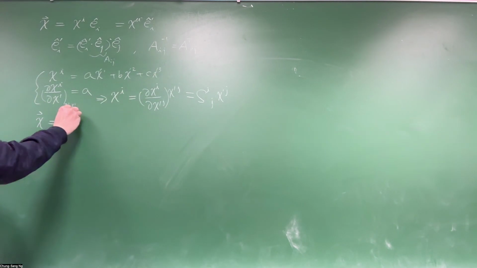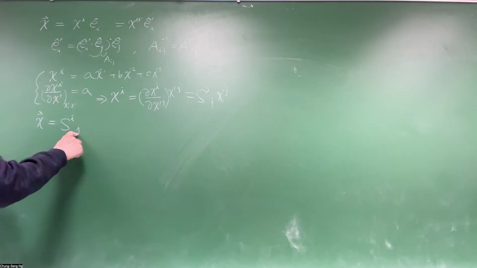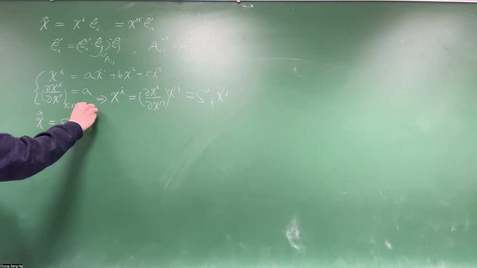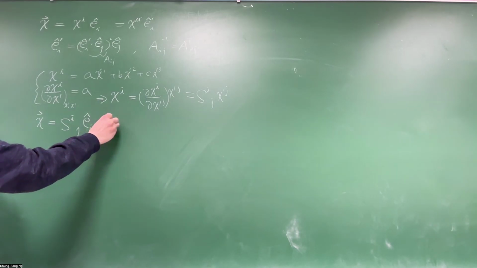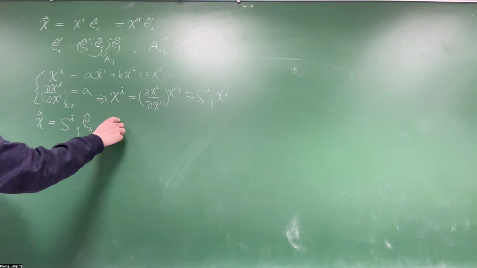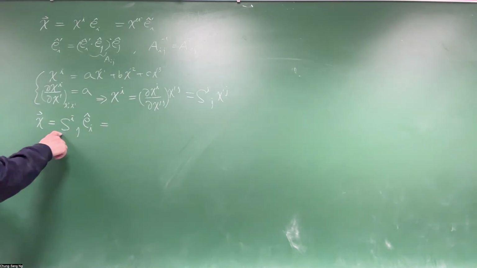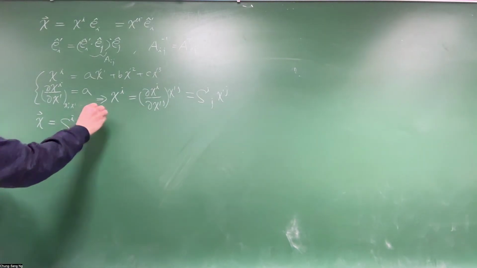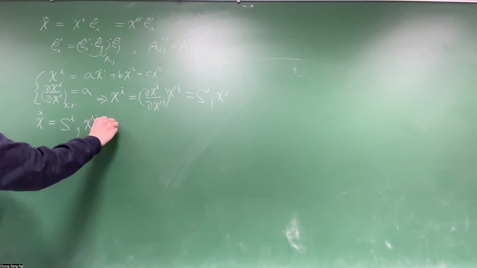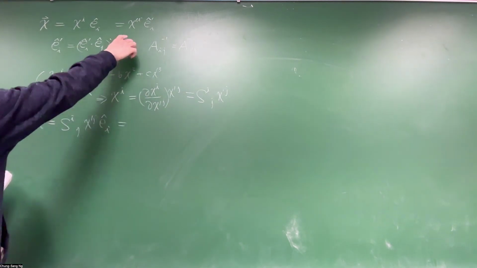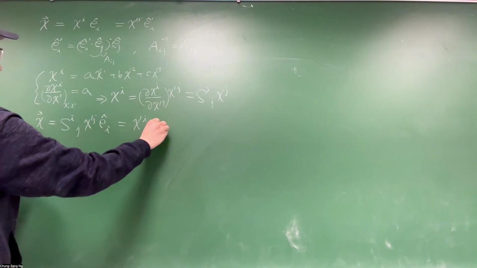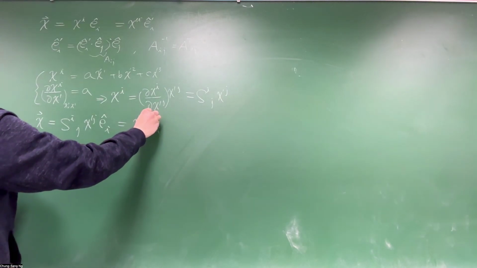So S i j, which is this one, right? And then this e i, which should be equal to, no, S i j x j e i equals x prime i e i. Right.